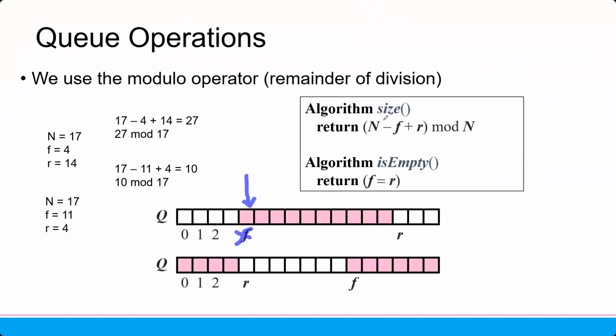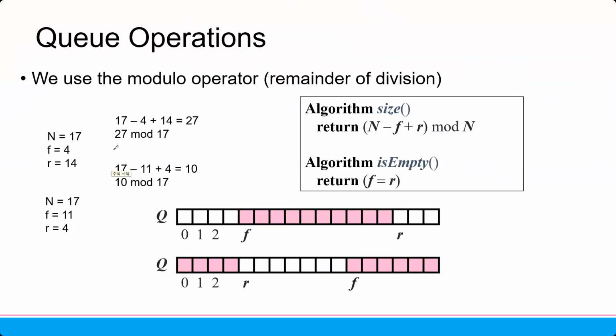In order to find out the size, which you already know from the mid-exam, we can use this formula: n minus f plus r, where f is the front element and r is the rear element, and then we do the modulo by n.